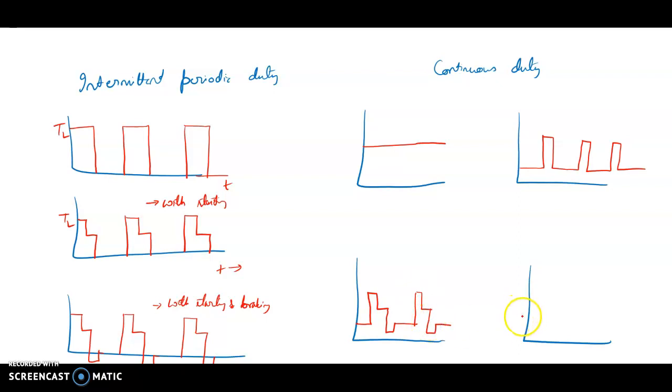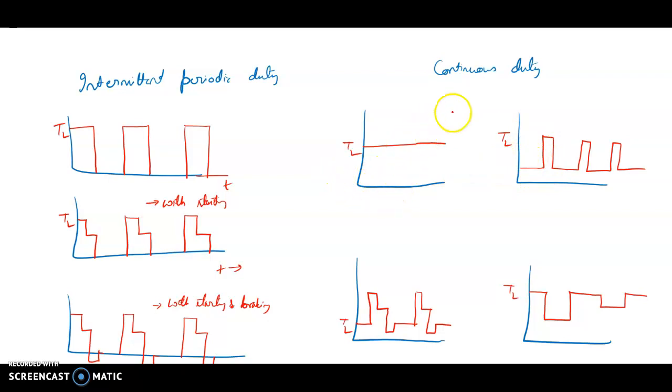Again we have continuous load with periodic speed change, where the speed change will occur. So we can have another speed change like this. The loads will have this TL, this TL, this TL. So loading is here for intermittent time.